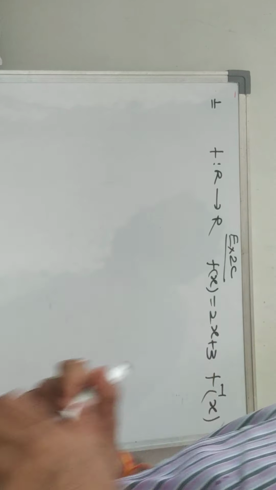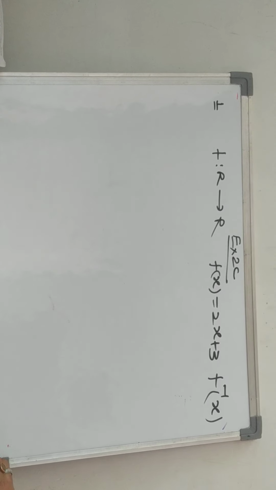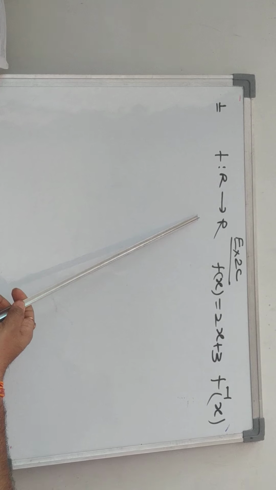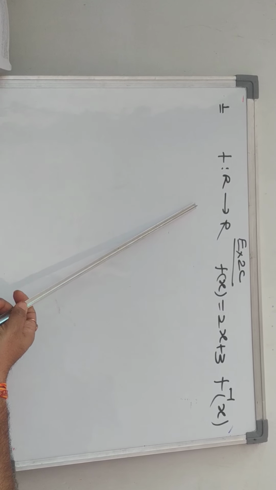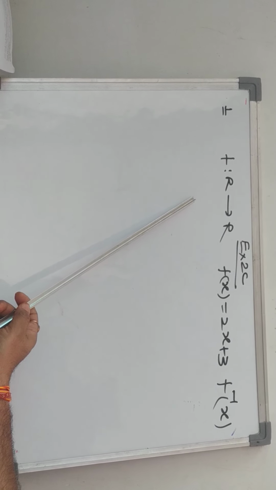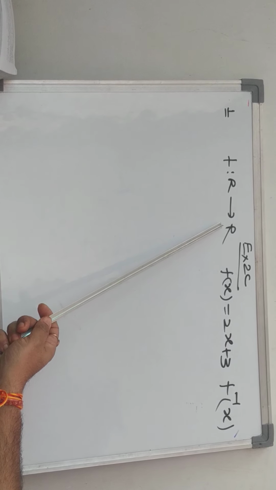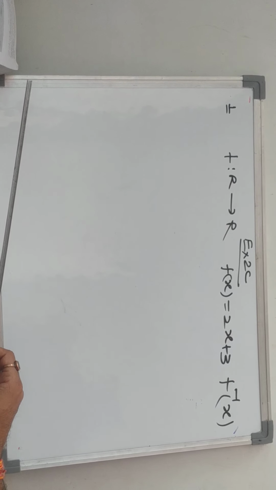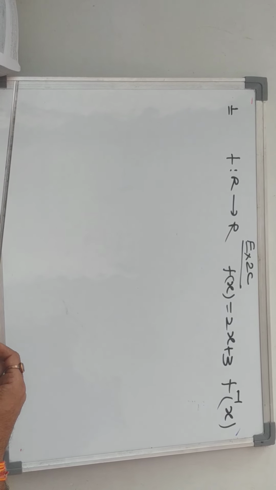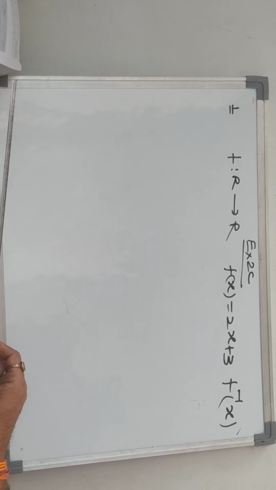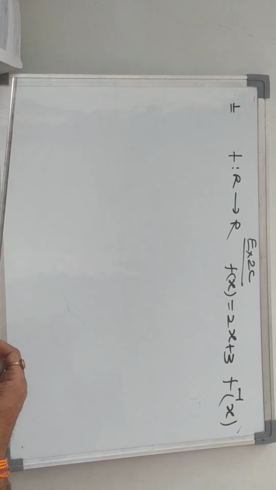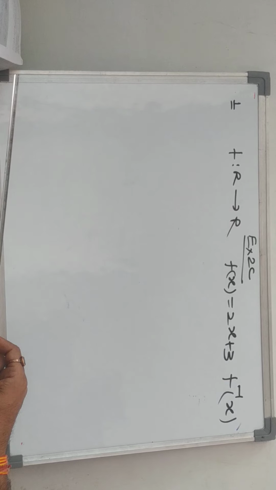To find it, the first necessary condition is that the given function is essentially one-one and onto. If a function is not a one-one onto function, we cannot find the inverse.